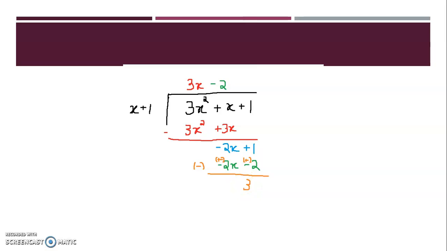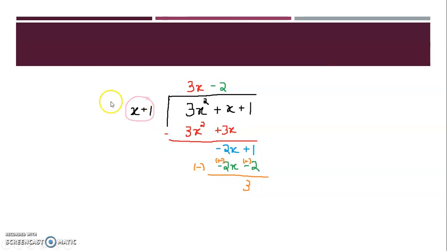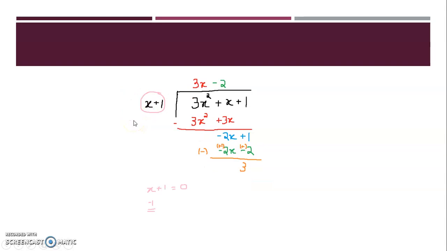Okay, now I want you to look at our divisor polynomial, that is x plus 1. What is the 0 of this polynomial? We know that the 0 of the polynomial is that value of x, so that when we substitute that value in place of x, the whole thing becomes 0.